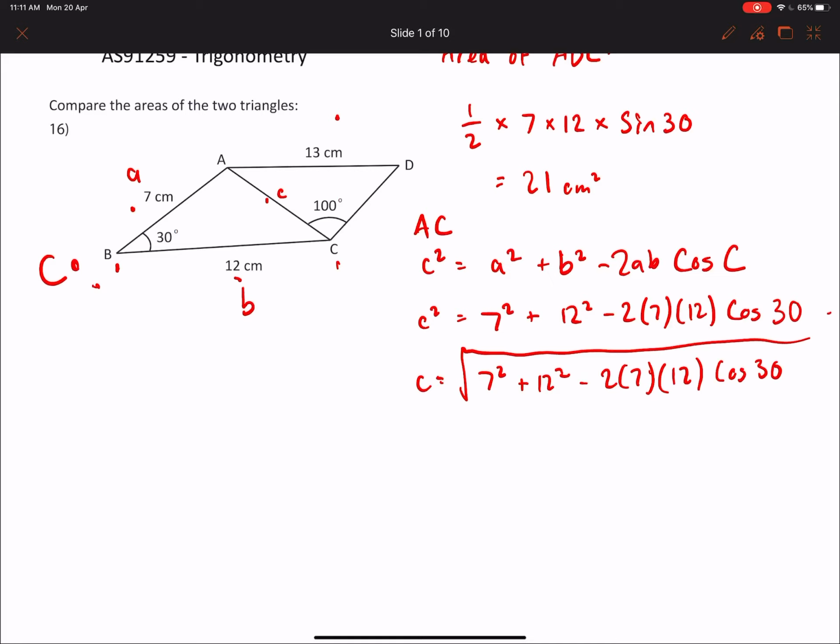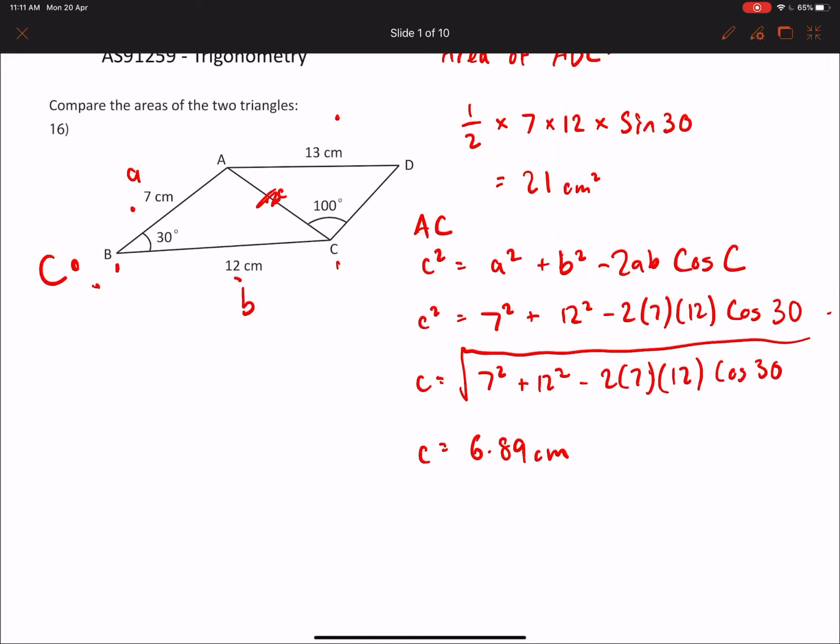So I'm just going to type this into my calculator. That gives me a side length for C as 6.89 centimetres.